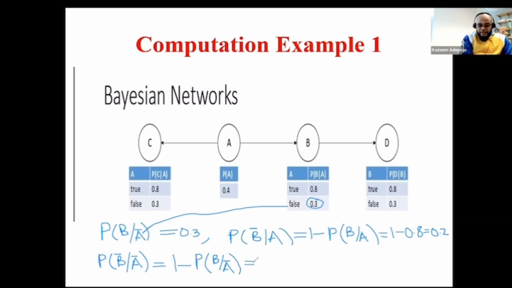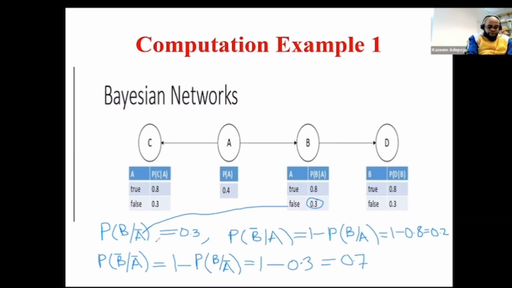In that situation, it's going to be 1 minus, if you come back here, you're referring to 0.3. So 1 minus 0.3 will be 0.7. I wanted you to take note of that.